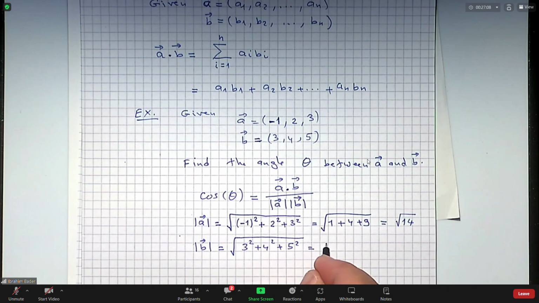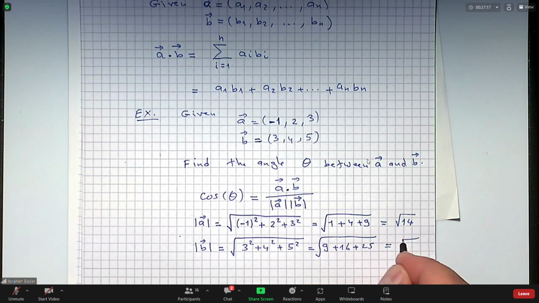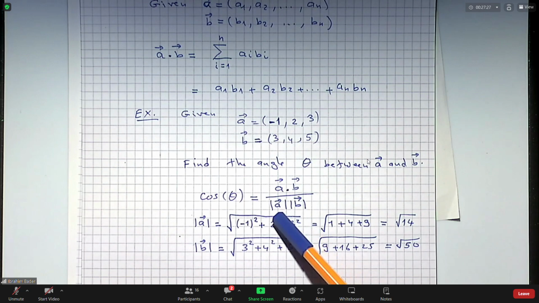This is equal to 9 plus 16 plus 25. And this is the square root of 50. Okay, so far, any problems? So we are done with the two parameters here in the denominator.